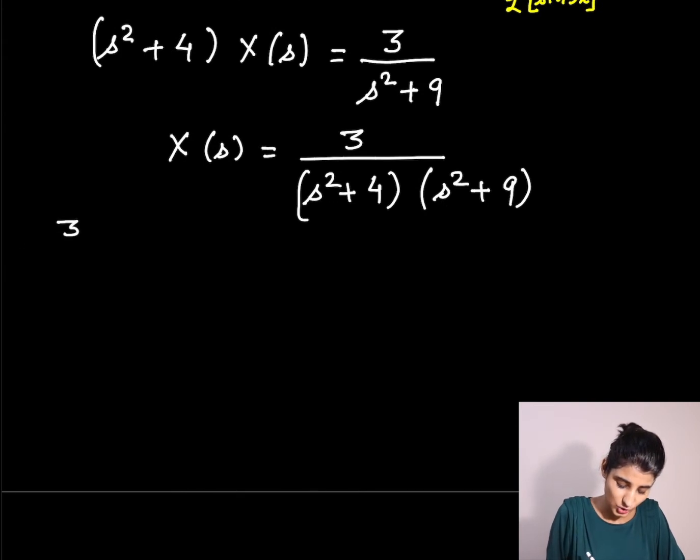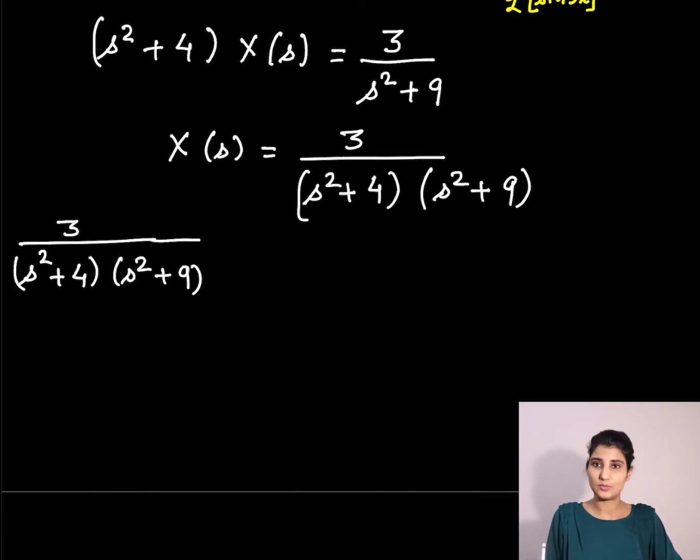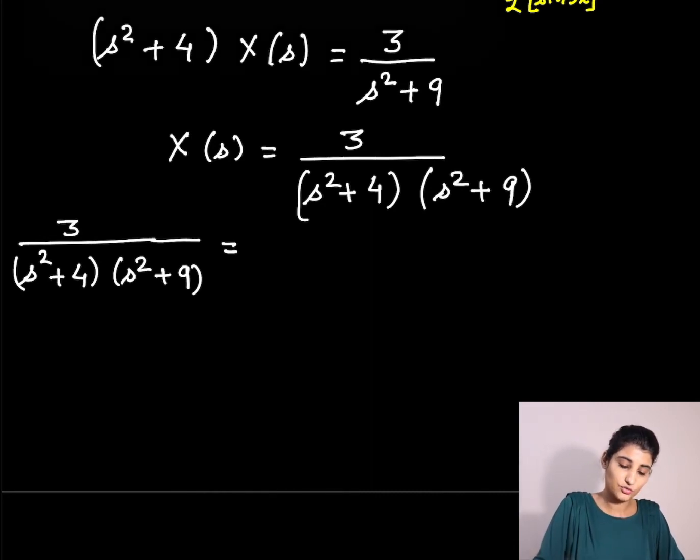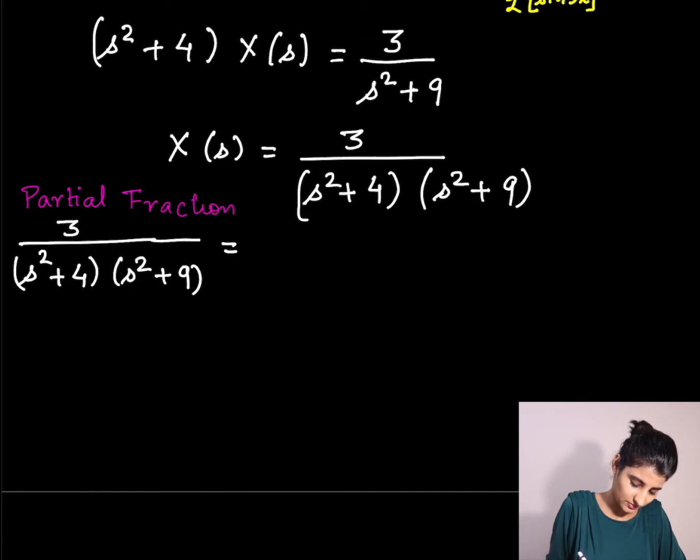This function, 3 divided by s square plus 4 times s square plus 9, doesn't belong to our table directly, so we are going to use the method of partial fraction over here.